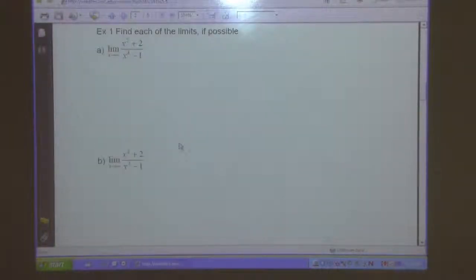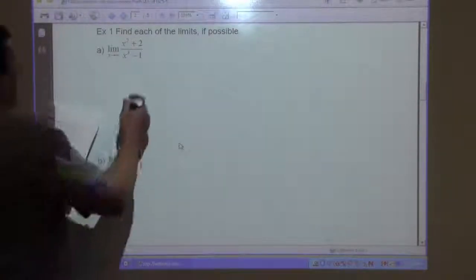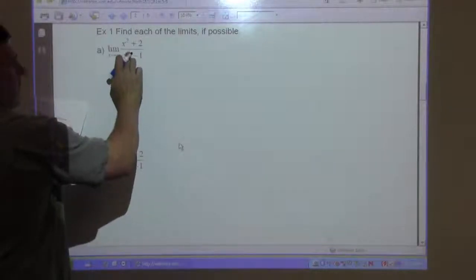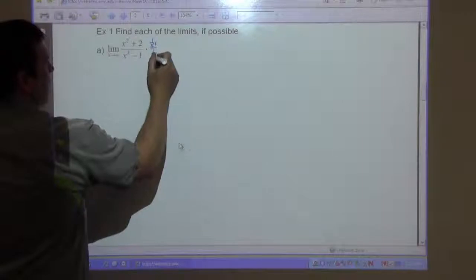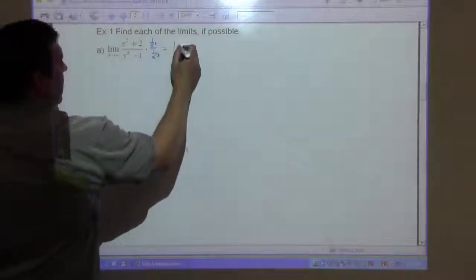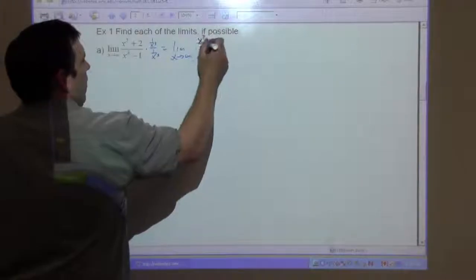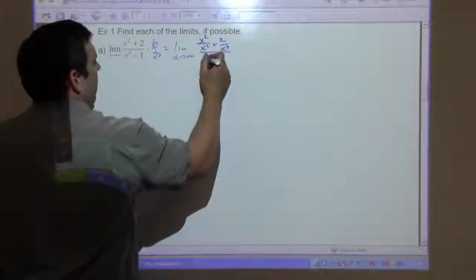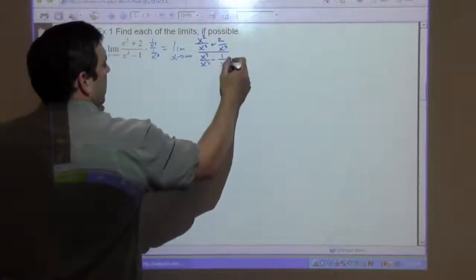So in example 1, we want to find the limit as we go to infinity. If we multiply by 1 over x cubed from the denominator, we multiply this by 1 over x cubed over 1 over x cubed. We have the limit as x goes to infinity of x squared over x cubed plus 2 over x cubed over x cubed over x cubed minus 1 over x cubed.